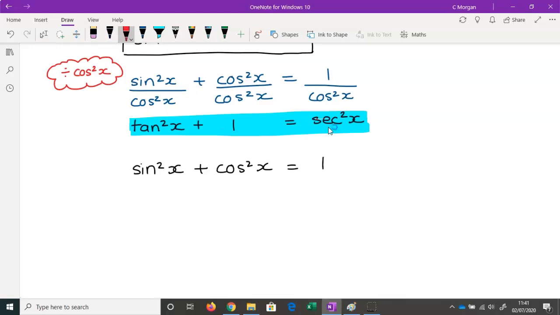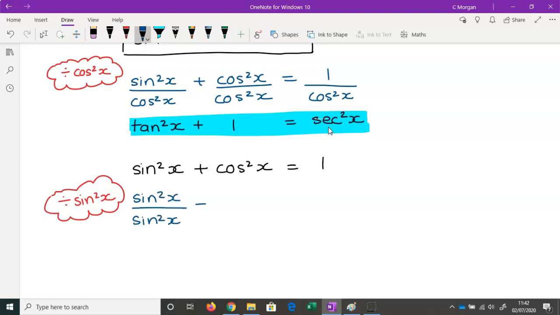And this time I'm going to divide by sine squared x. Now this is a little method to prove these identities that we're deriving today. So I'm going to write down sine squared x over sine squared x, add cos squared x over sine squared x is equal to 1 over sine squared x.